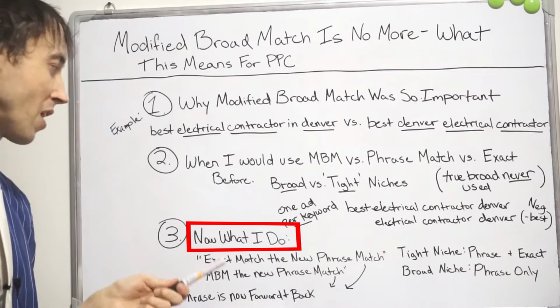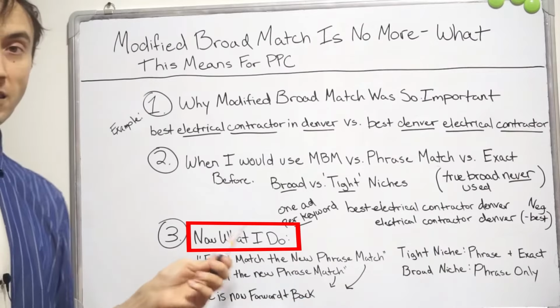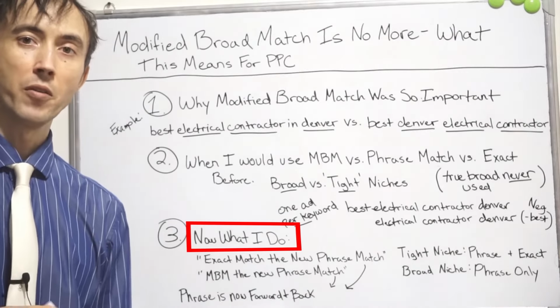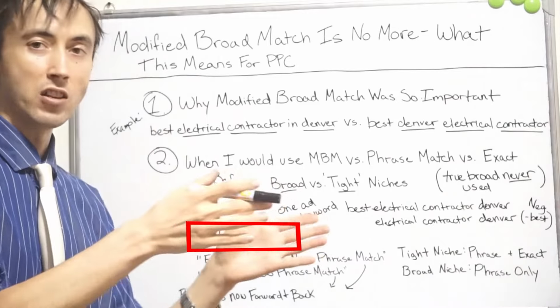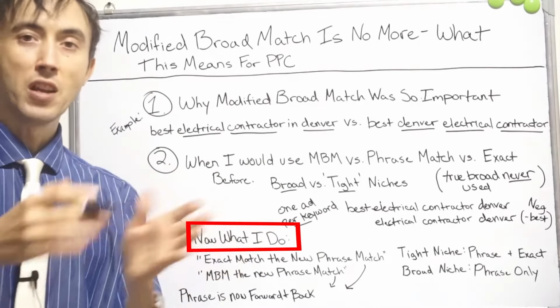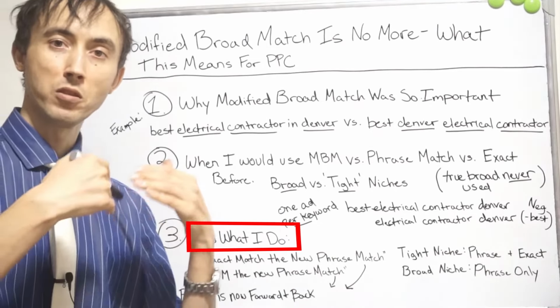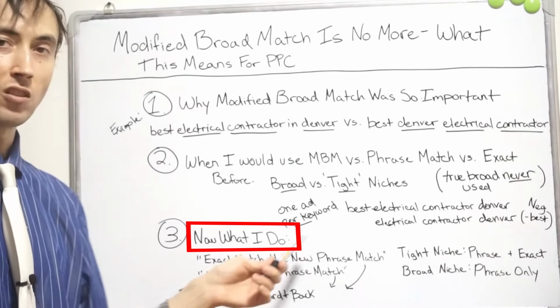Because a couple of months ago, Google changed exact match so it isn't just that if you put in red shoes, your ad can only show up for red shoes. It can show up for cheap red shoes and best red shoes and so on. Whereas before, that was phrase match's role. So that's why I say exact match is the new phrase match.